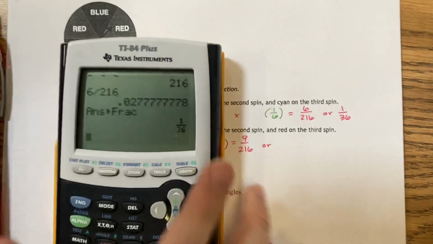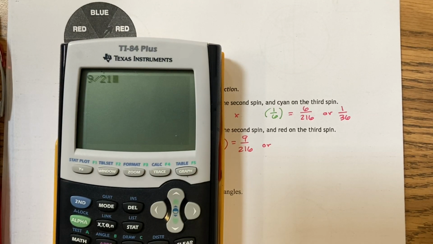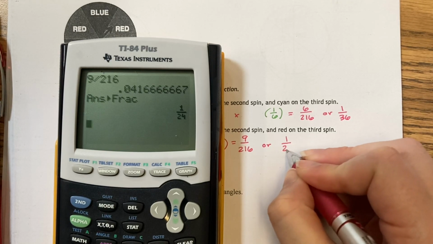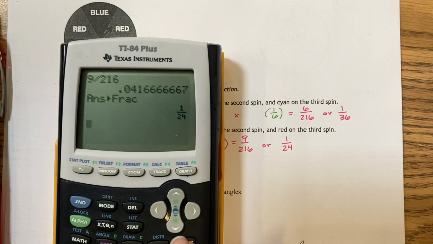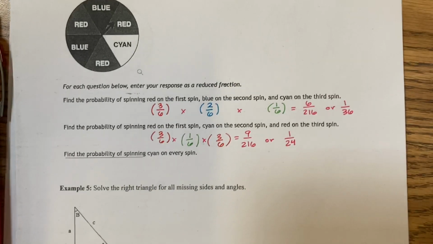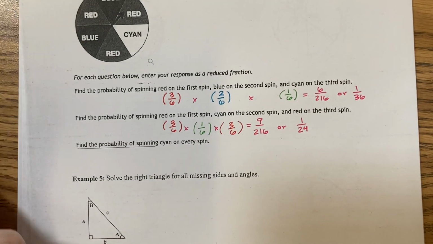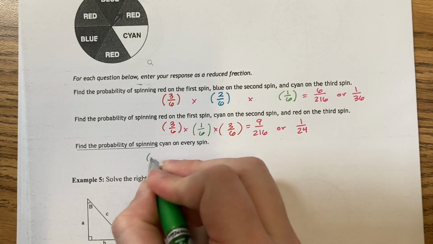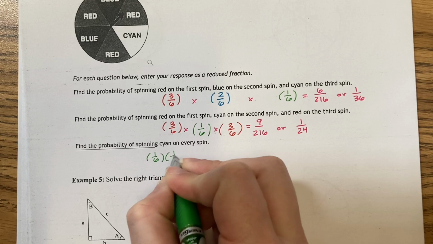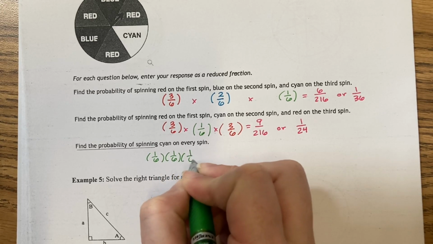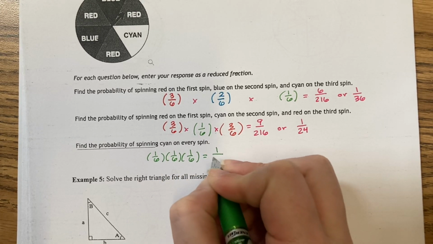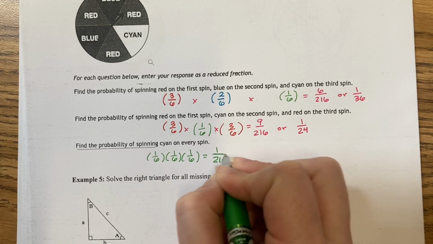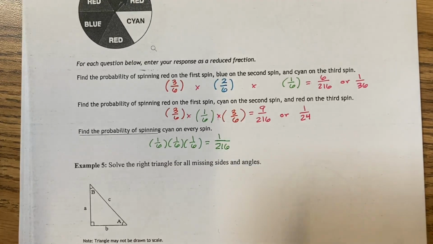Then I see if I can reduce it. 9 over 216, math, enter, enter. 1 over 24. What is the probability of spinning cyan on each? So that was 1/6, 1/6, 1/6. And that won't reduce.